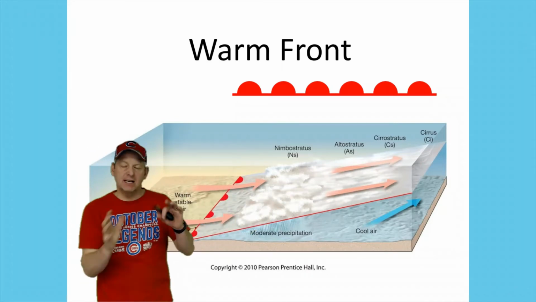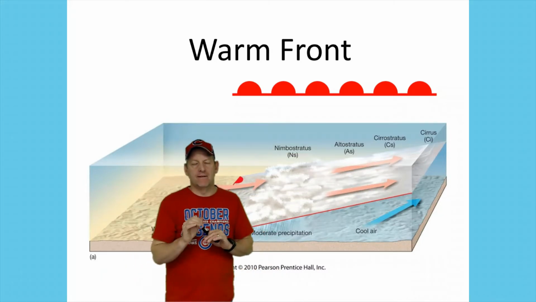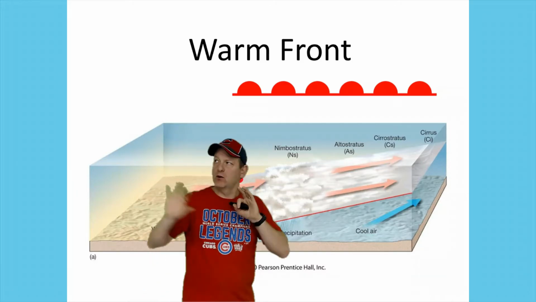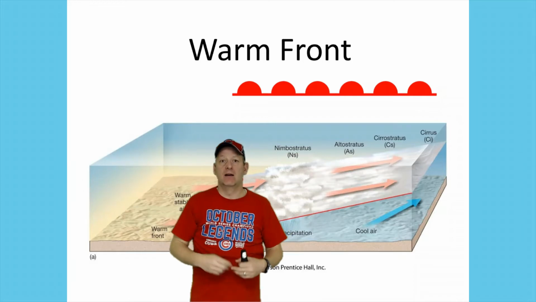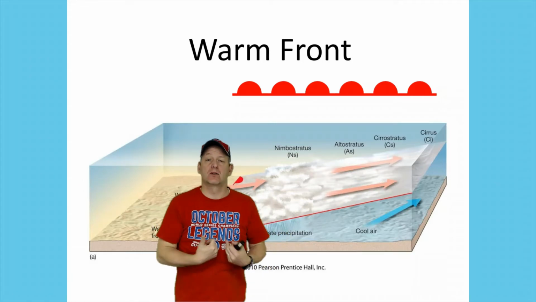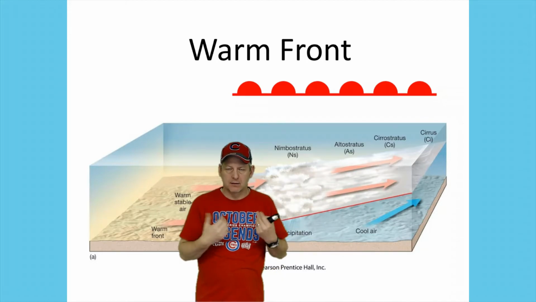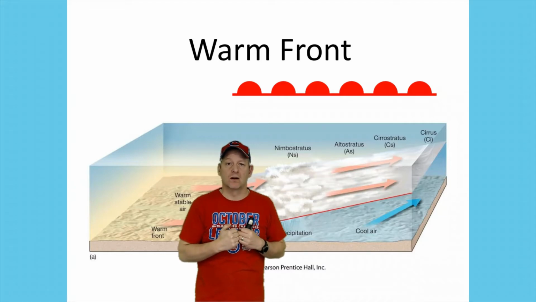So you'll be sitting there, all of these clouds, the rain comes in, and then you can actually literally see all the clouds moving away from you, and you see all the blue sky. And that blue sky comes in, the temperature increases, it gets really warm, birds start chirping. It's like, oh man, that's kind of nice. We get these a lot in the spring. This is the warm front.